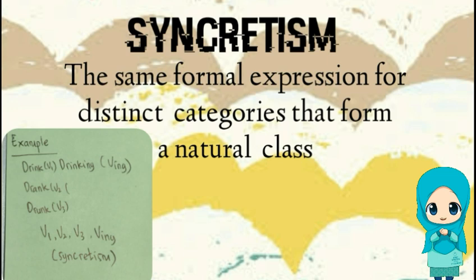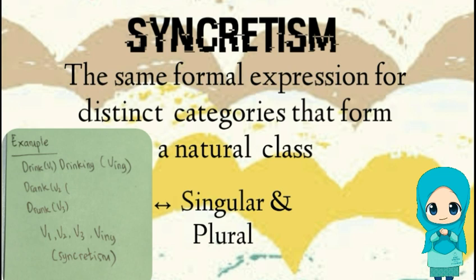Verb 1, verb 2, verb 3, and verb ing are called syncretism because they are categories from one natural class. It also happens in nouns, where singular and plural forms are called syncretism.